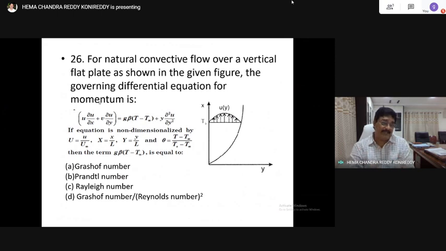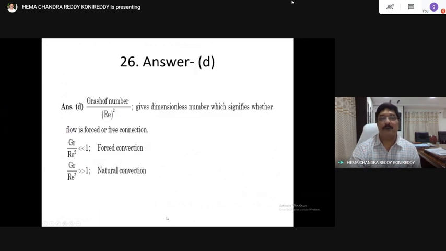Why? Because the viscosity square is found at the numerator for the Grashof number, right? So therefore it is Grashof number by Reynolds number square.